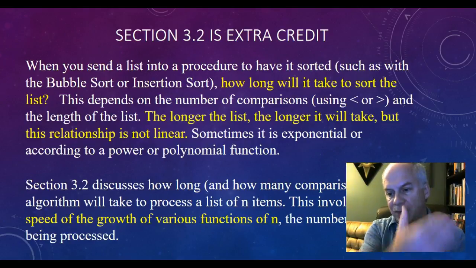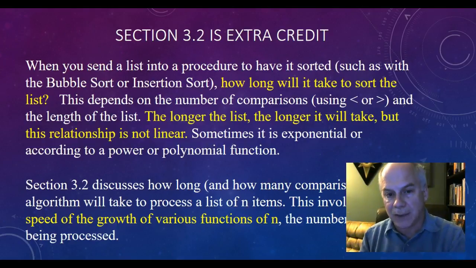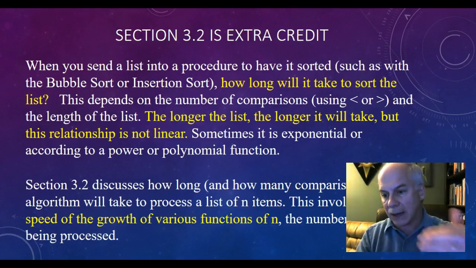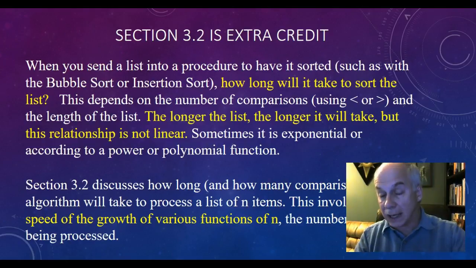So I'm just looking for some growth in that area. And so I'll be somewhat lenient in the grading of these things. But I want you to try to expand in your knowledge of being able to write algorithms and understand algorithms and trace algorithms. Now, section 3.2 is an extra credit optional thing.